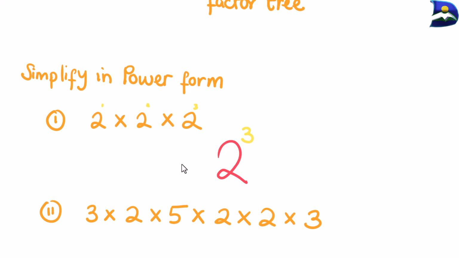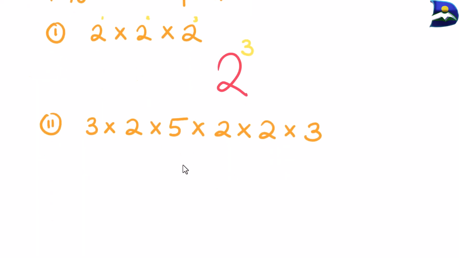And likewise for this other question, we're multiplying 3 by 2 by 5 by 2 by 2 and by 3. In here we can simplify the ones that have the same numbers. Like for example, how many 3's do we have? We have 1 and we have 2.